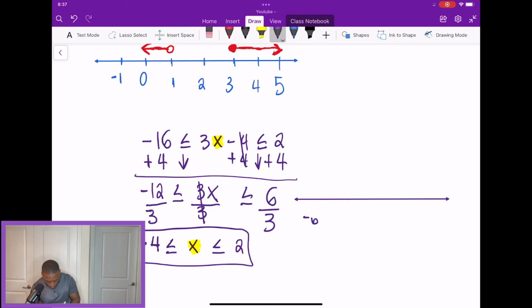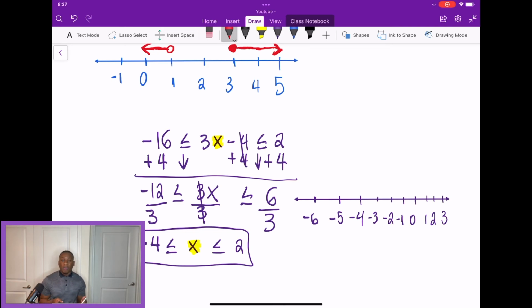See if we can fit all those on there. All right, got a little tight there at the end, but that's fine. So we're talking about our two numbers, negative 4 and positive 2. So let's put a circle over both of those numbers.